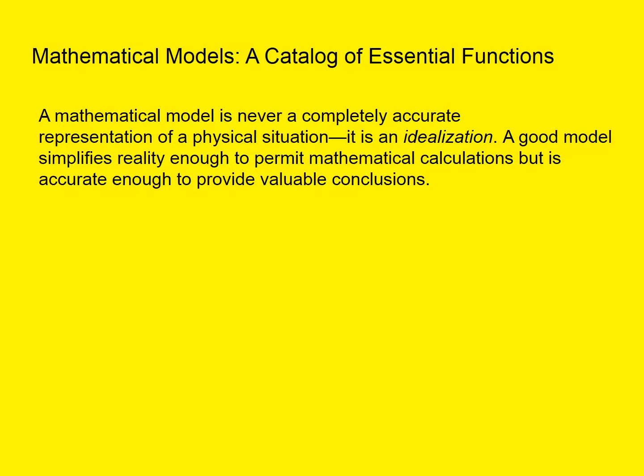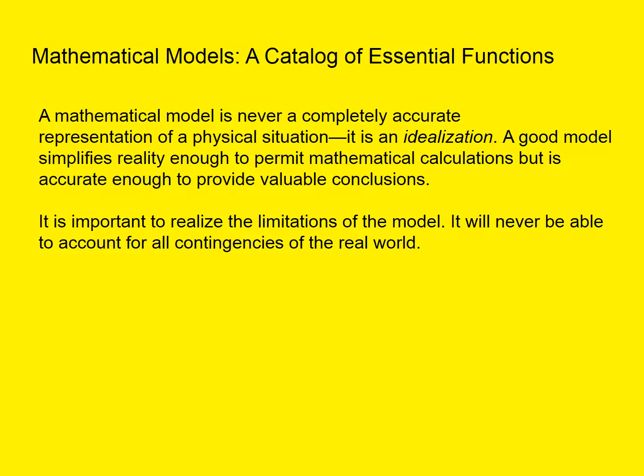So it's got to be simple enough, and complicated enough to be useful. It is important to realize the limitations of the model. It will never be able to account for all the contingencies of the real world.